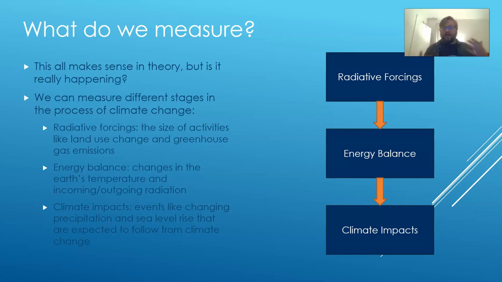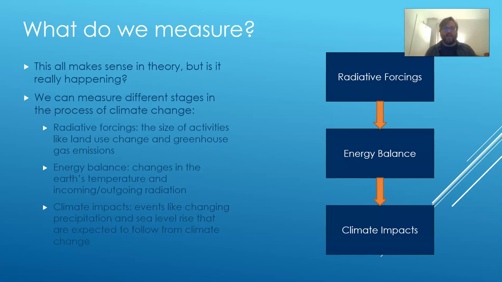And so I want to break it down into 3 steps of the climate change process that we can measure. And there are different kinds of data that we'll use to look at each of these 3 steps. So we can start with our radiative forcings. If you recall from our last lesson, a radiative forcing is something that shifts the energy balance of the Earth.